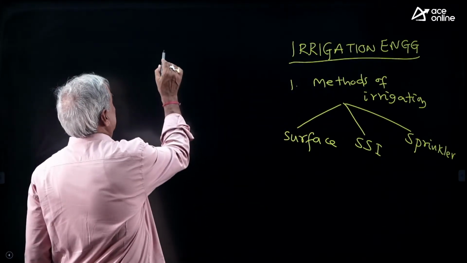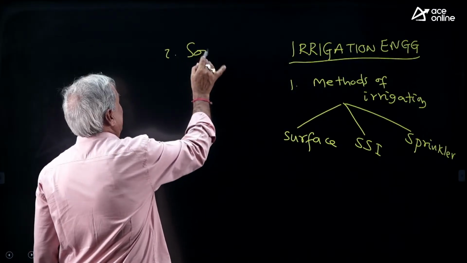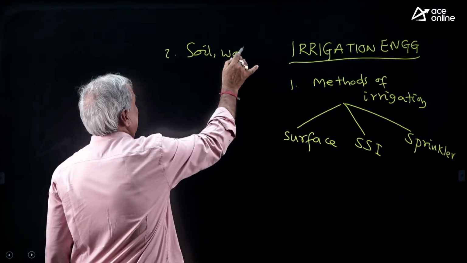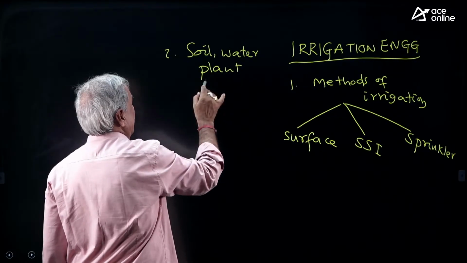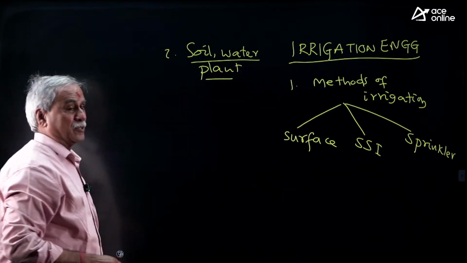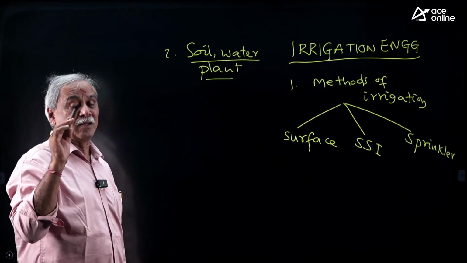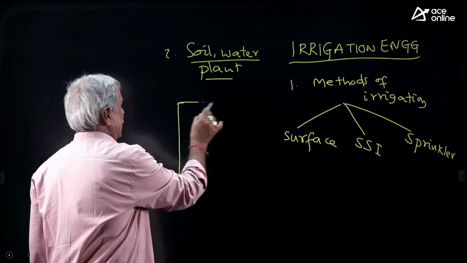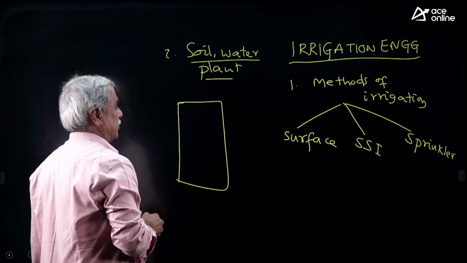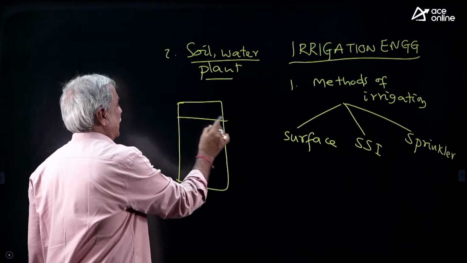The second one is, what is the relation between soil, water and plant? How much water shall we deliver? Where that water will get stored? Suppose if we have a soil mass, in the soil mass we got three waters. One water is excess water.